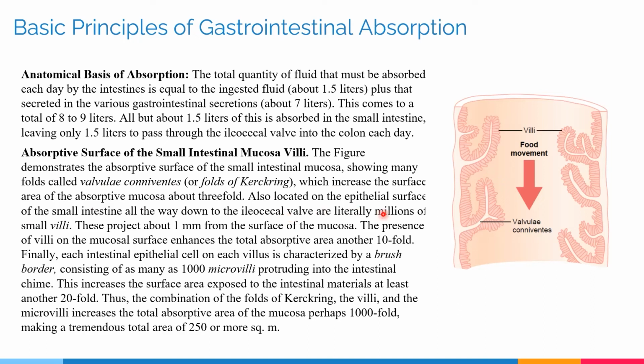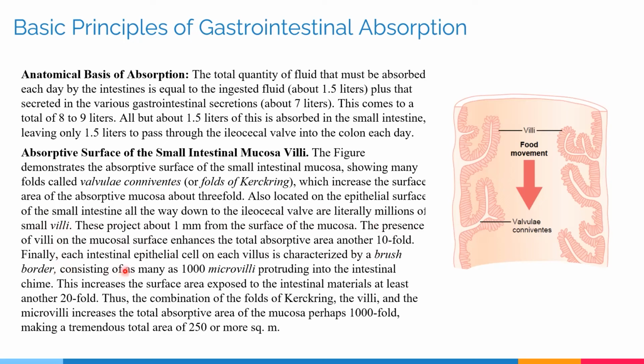Also located on the epithelial surface of the small intestine, all the way down to the ileocecal valve, are literally millions of small villi. These project about 1 millimeter from the surface of the mucosa. The presence of villi on the mucosal surface enhances the total absorptive area another 10-fold.